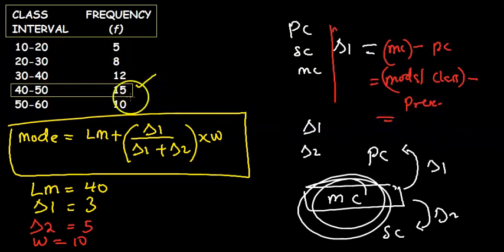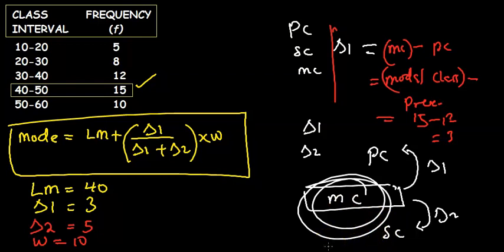In this case, modal class, remember, is 15. Modal class is 15, which is the highest frequency. 15 minus the preceding, which is 12. 15 minus 12 is simply going to be 3. And that is how we find our delta 1 to be 3. In the case of delta 2, it's simply going to be the modal class minus the SC, which is the succeeding class, which is simply going to be 15 minus 10, and our answer is simply going to be 5.